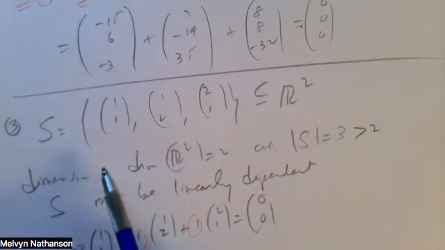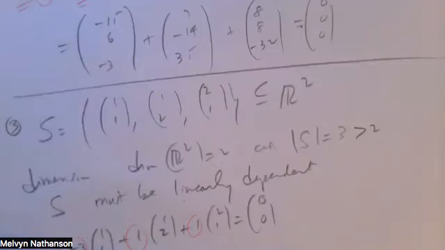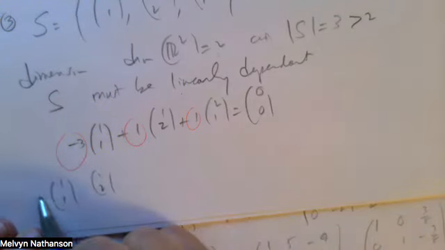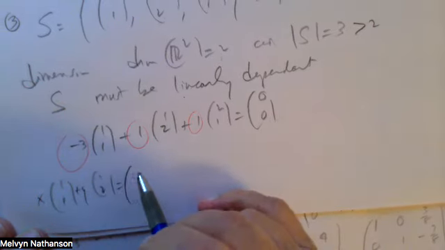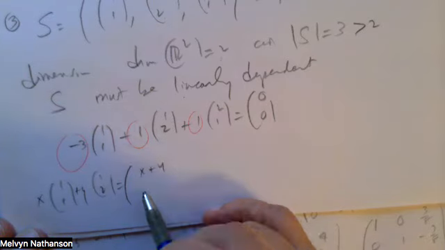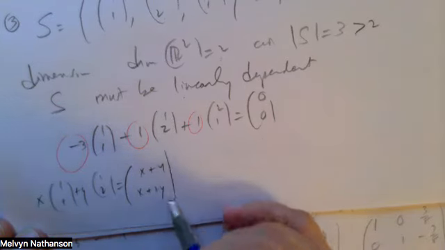But let's say, what about if I take 2 of them? So suppose I take the vectors 1, 1 and 1, 2. Are those vectors linearly dependent or linearly independent? So if I take x times the first and y times the second, it gives me the vector x plus y, x plus 2y.